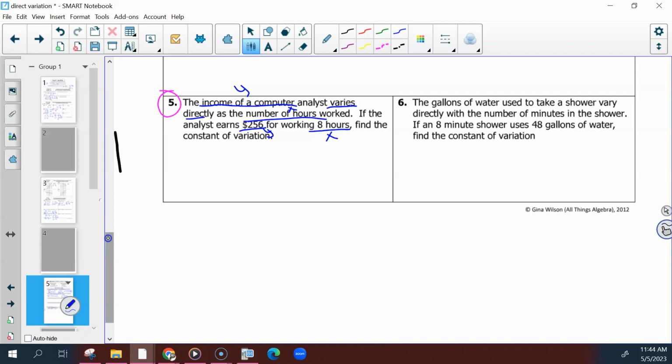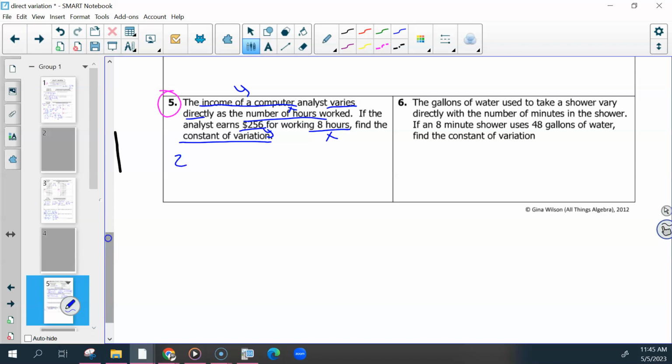Which is the constant variation is what? Say that again. Which is what variable? Not y. The income over the amount of hours would be what? K. So we're looking for K. So pay attention to what it's asking for, because you may not need to do all the work that we've done in the past.